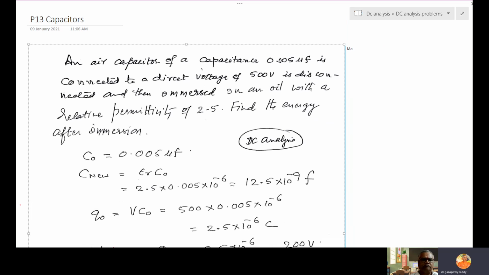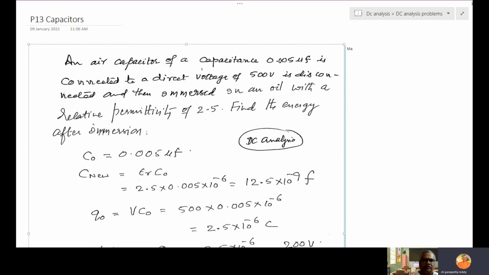All of these are based on a simple principle only. This is another problem: an air capacitor of capacitance 0.005 microfarad is connected to a direct voltage of 500 volts, disconnected, and then immersed in an oil with a relative permittivity of 2.5.